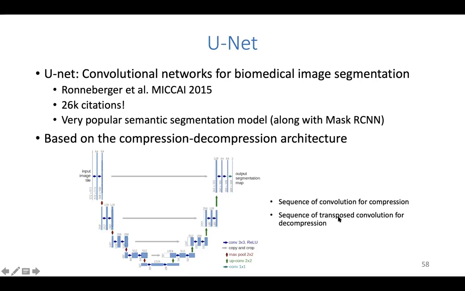This is what we're going to look at a bit more in detail later. Transposed convolution is a way to upsample your input, your feature map. Your feature map is 30 by 30 by 1024, and you want to upsample all the way back to here, and that's where transposed convolution is involved.